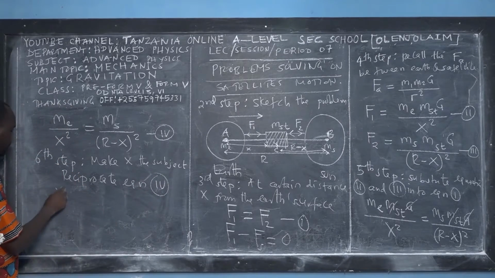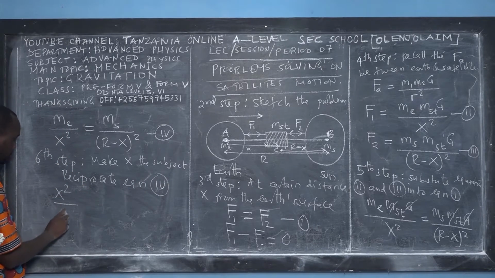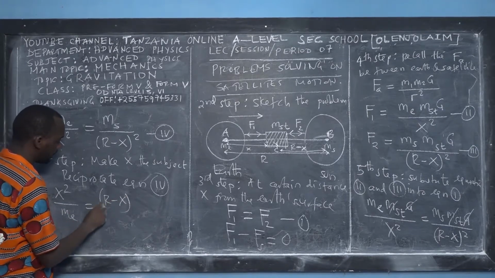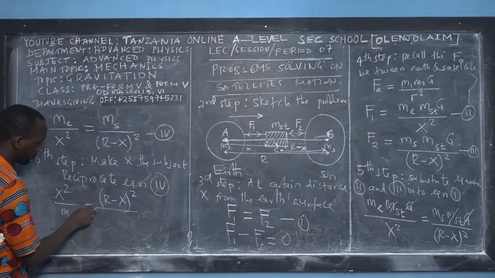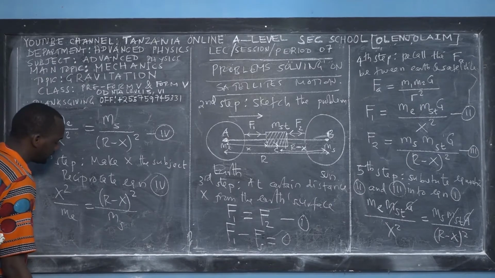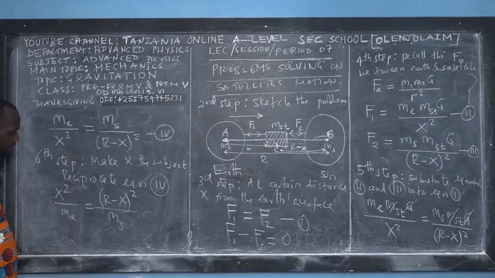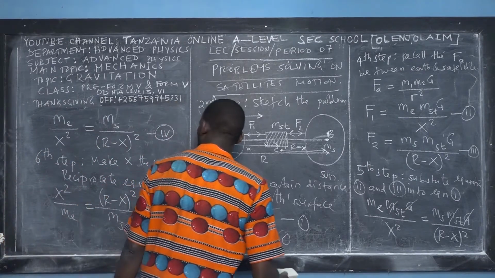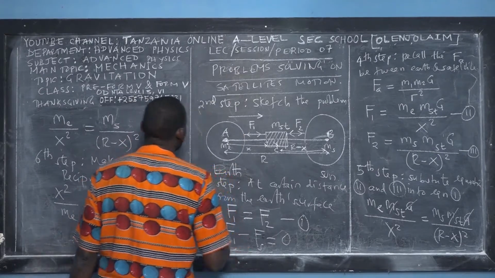If you reciprocate equation 4, we have x squared over the mass of the S is equal to the distance from the S to the sun, squared, over the mass of the sun. Next, you can expand to make it the subject, or you can do the computation the way it is. I think the simplest way, with no need to make x the subject, is just to do the computations, or you can even find the square root and so forth.